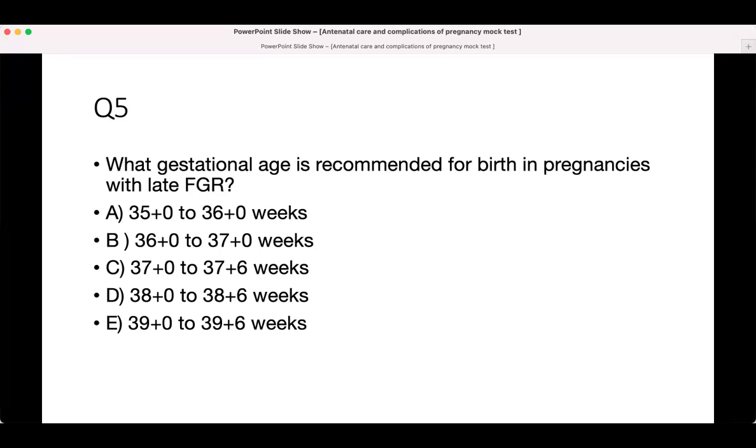Okay, so please remember the difference in the definition between small for gestational age and fetal growth restriction. It's now different. So small for gestational age is when the baby is just small in size, okay, less than the 10th centile and not less than the third, okay?